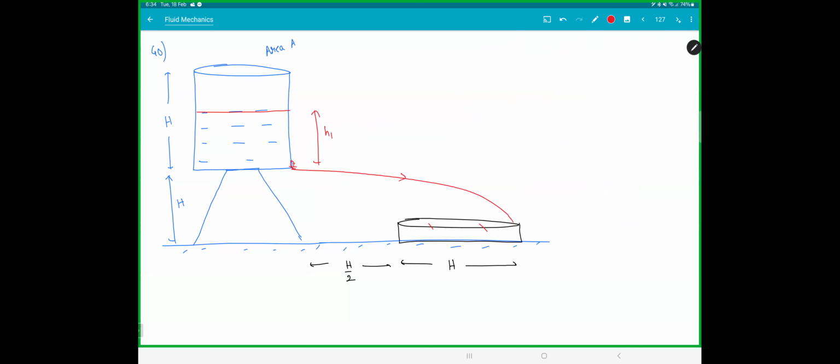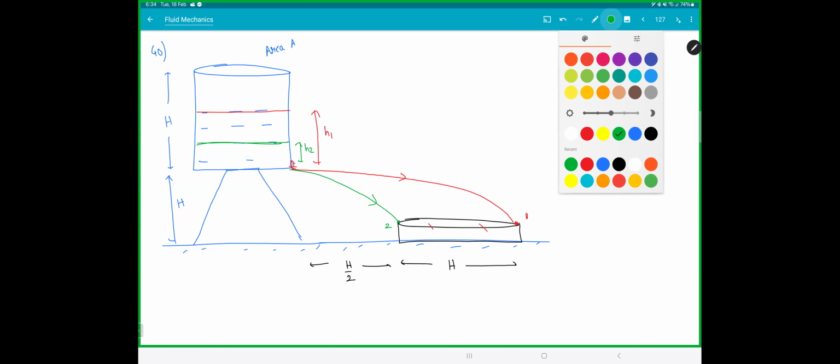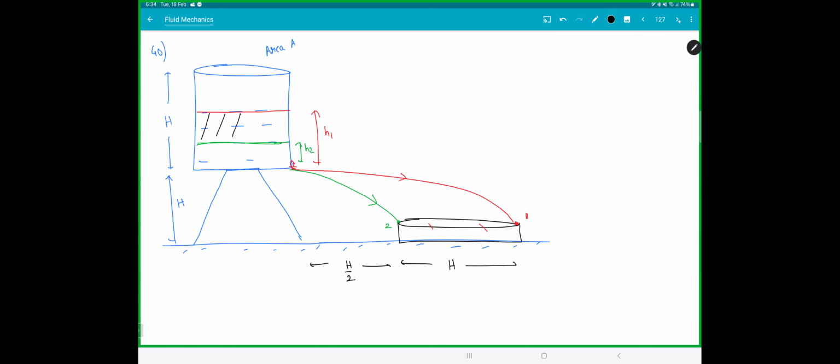Now, as the liquid level goes down to a new height, H2, the liquid will hit this side of the container too. So can I say from this argument, all the liquid between H1 and H2 will be inside the container?